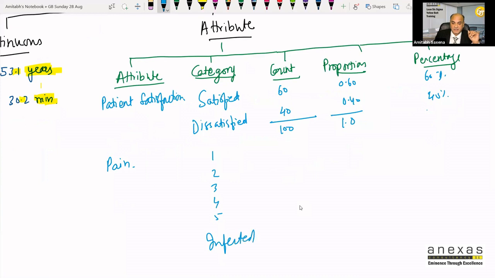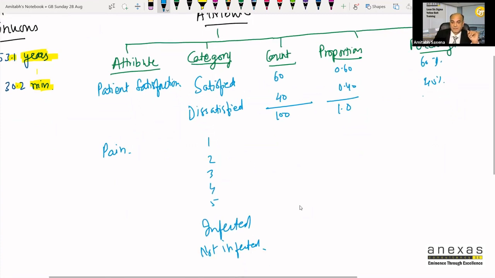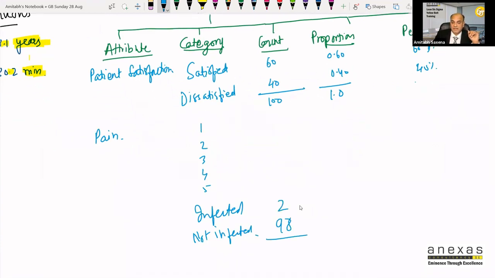Infected, not infected. So 2 are infected, 98 are not, out of 100. So percentage is 2%. If I just extrapolate.